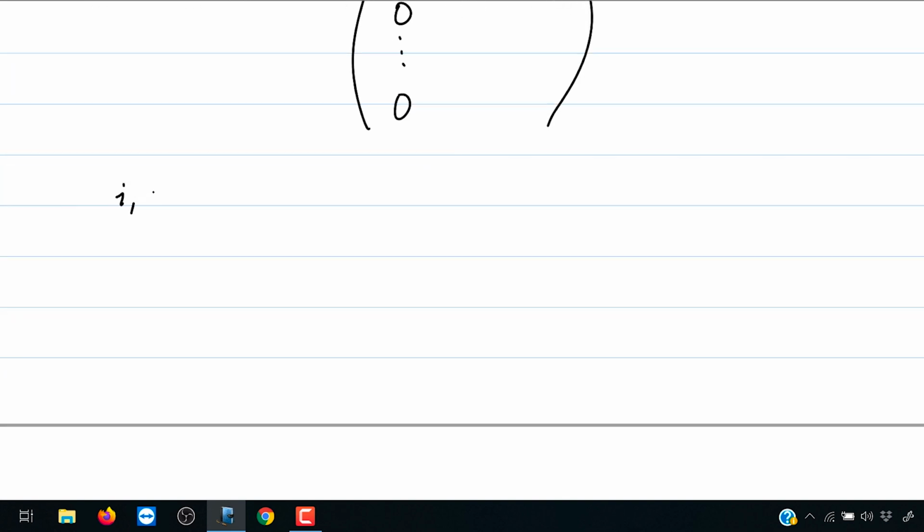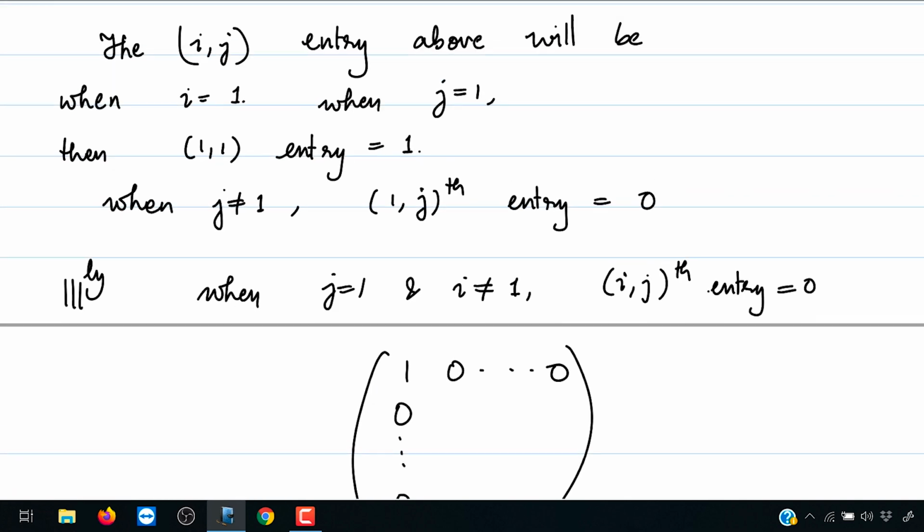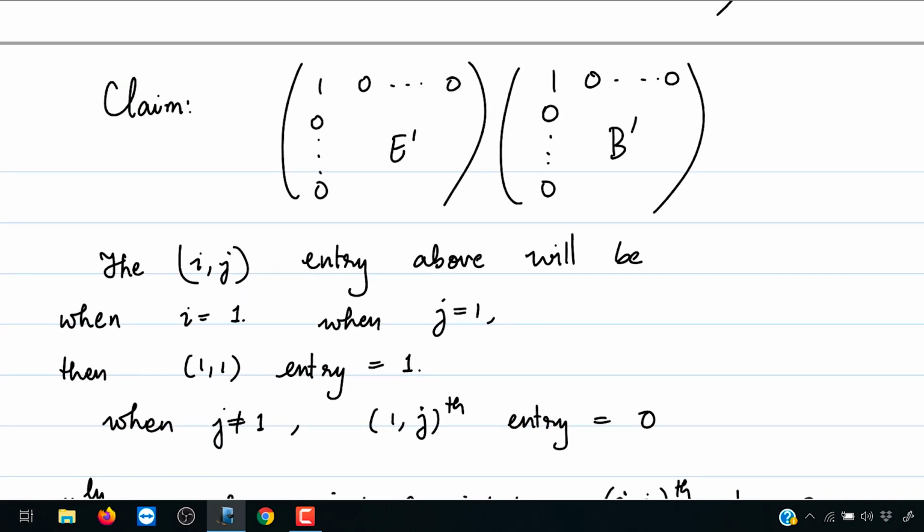The ij entry, when i is not equal to 1 and j is not equal to 1, will just be the ith row of, let's see, the ith row here will be the (i minus 1)th row of E prime, and the jth column of B prime will be the (j minus 1)th column of B prime.